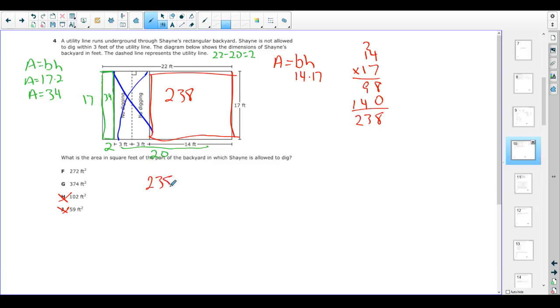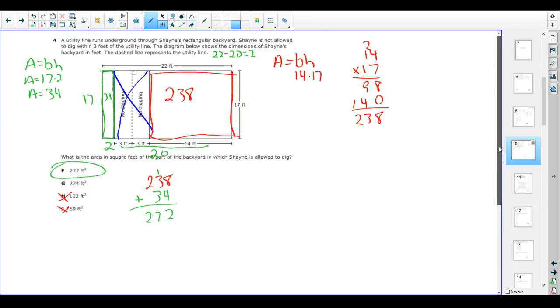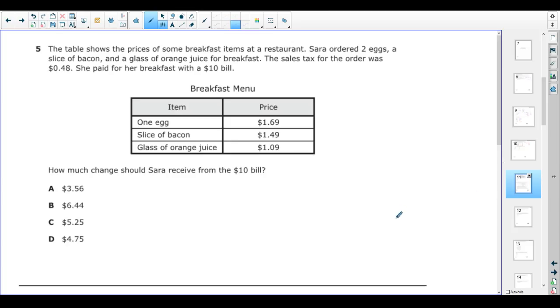So 238, the big part, plus 34, the little part, gives us 272, answer F. Okay. And I'm willing to bet if you had just done 22 times 17, you would have gotten 374, and you would have got it wrong. Number 5.